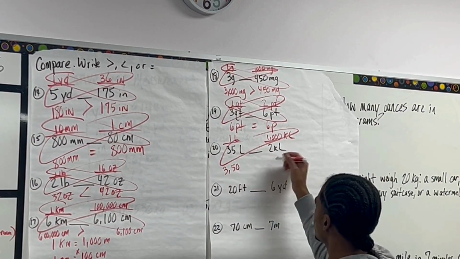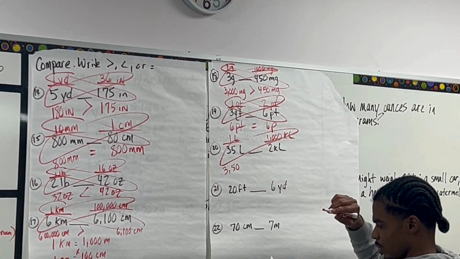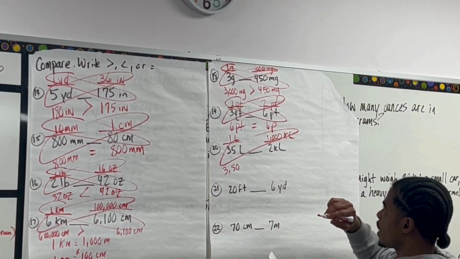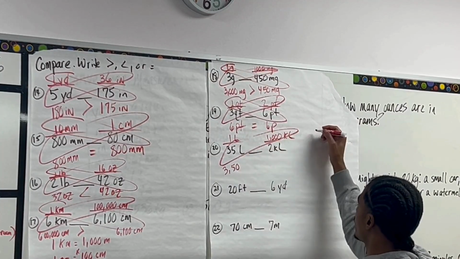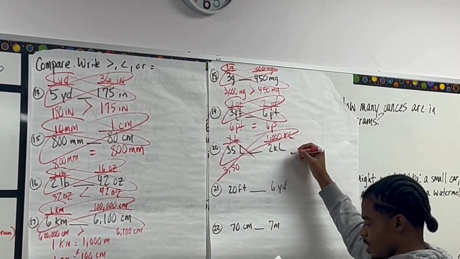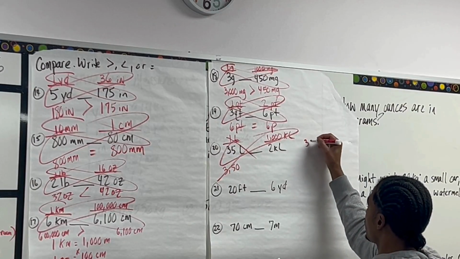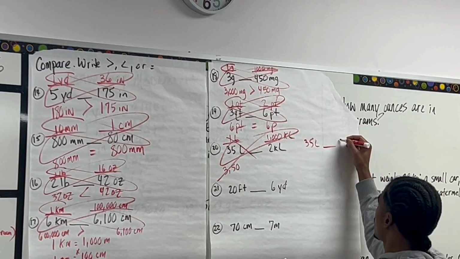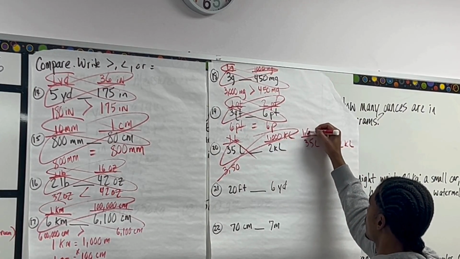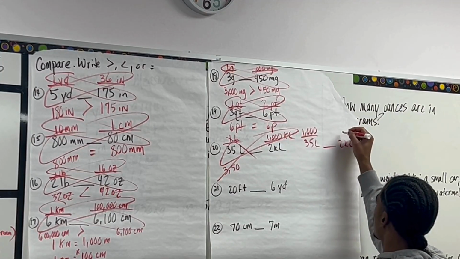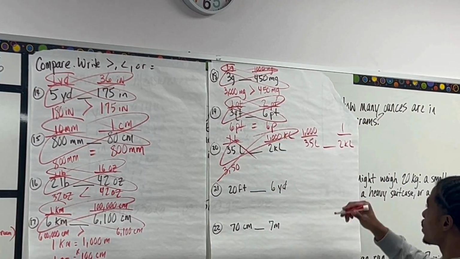And I did this. Wait. I did this one wrong. Let's try this one again. So this one would have been, let's mark this out. For number 20, if I got 35 liters, 2 kiloliters. My bad, y'all. There we go. I did them backwards.